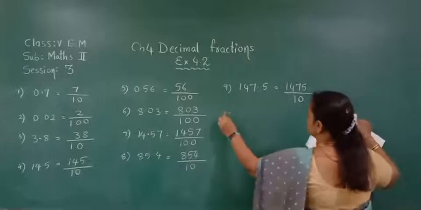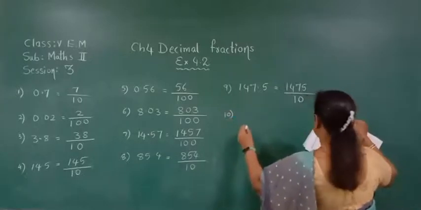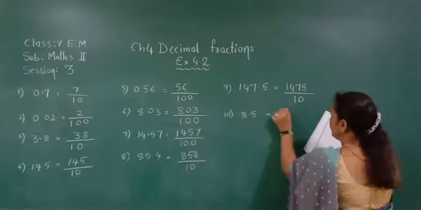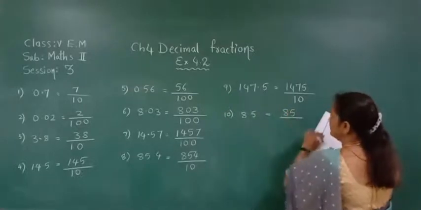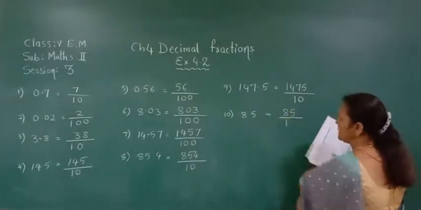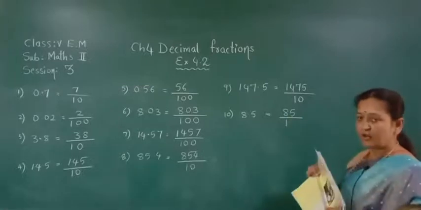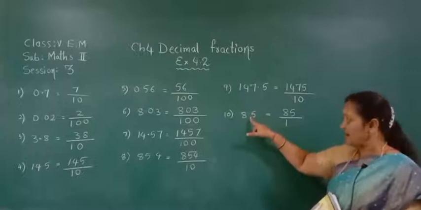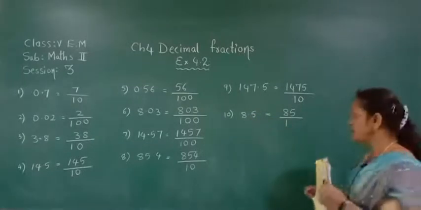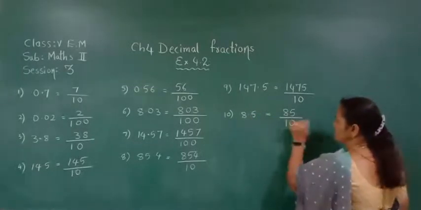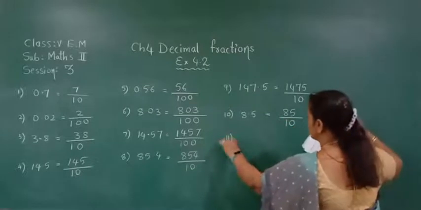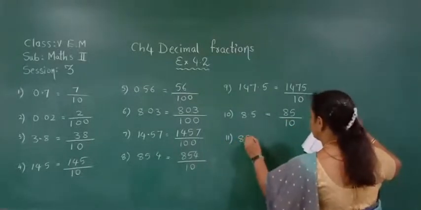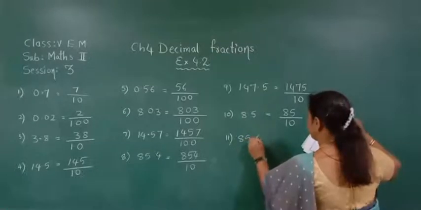Then 10th question, 8.5. So here write 85 together, then draw one line, write 1 in the denominator. Then after decimal how many digits we have? After decimal we have 1 digit. So write 10. Then 11th question is 85.61.